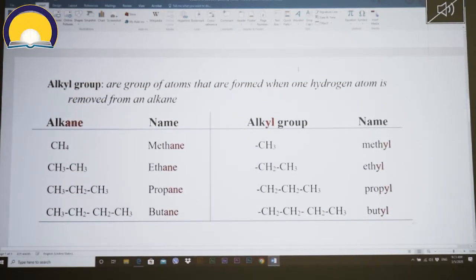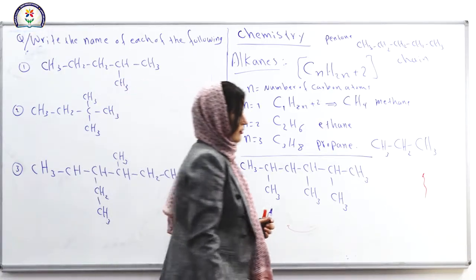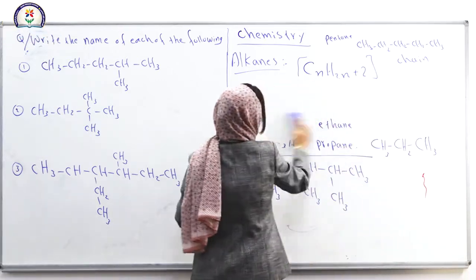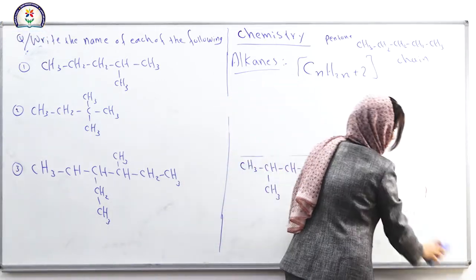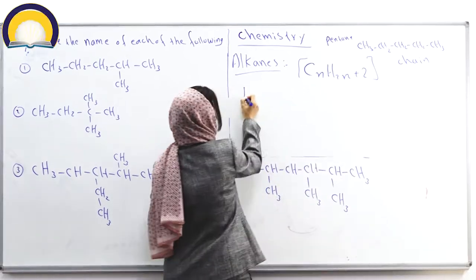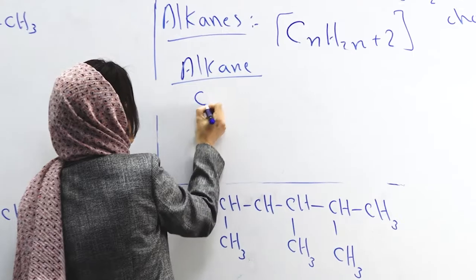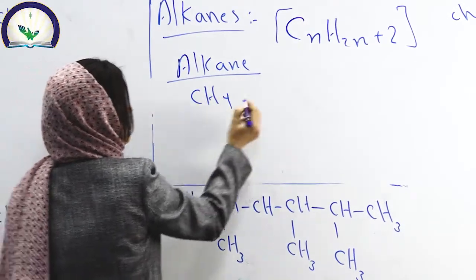Look at alkyl groups. You have to know what alkyl groups mean. Alkyl groups are a group of atoms that are formed when one hydrogen atom is removed from an alkane. For example, we have the alkane methane, CH4.